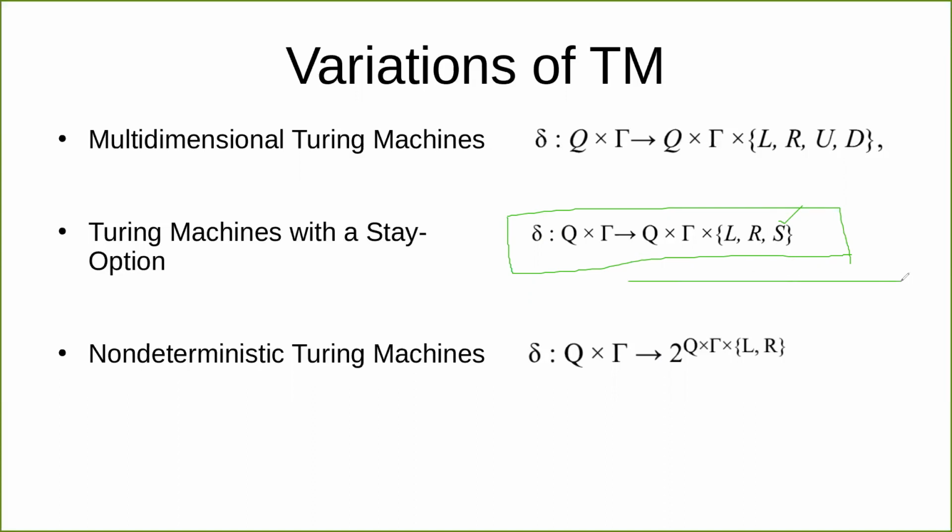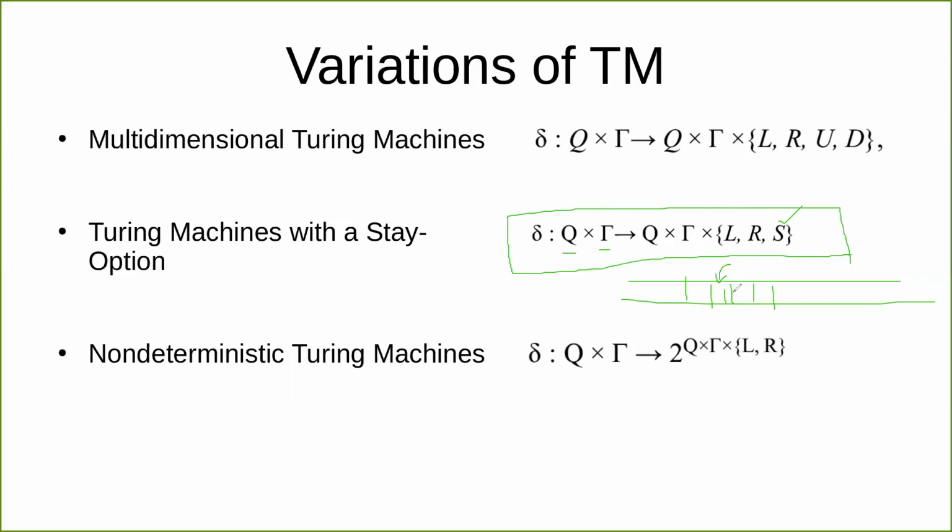The tape is there, you are at a particular position, and some symbol is there. You are in a particular state. On the basis of that, you take a decision to go to some new state and write some new symbol here, and then move either left or right or stay at the same position.